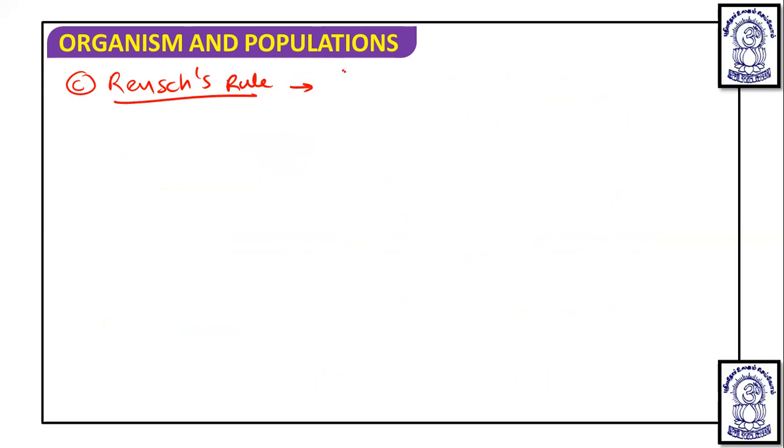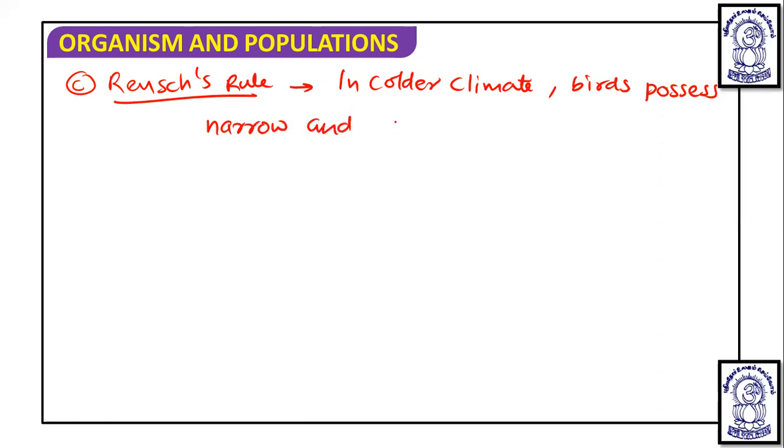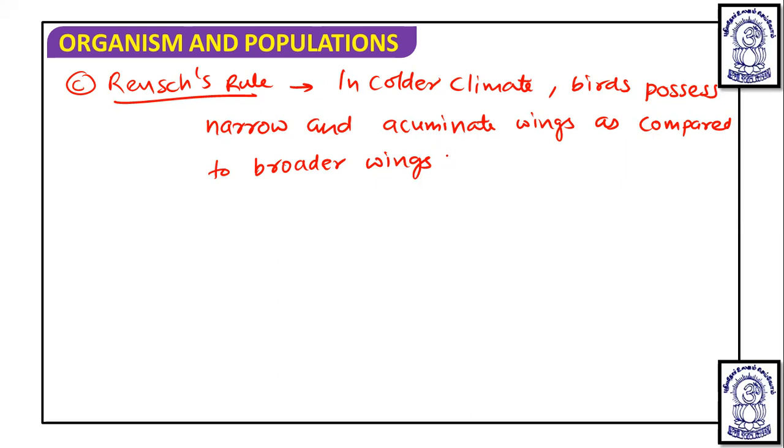Rensch described that in colder climates, birds possess narrow and acuminate wings as compared to the broader wings of birds found in warmer areas.